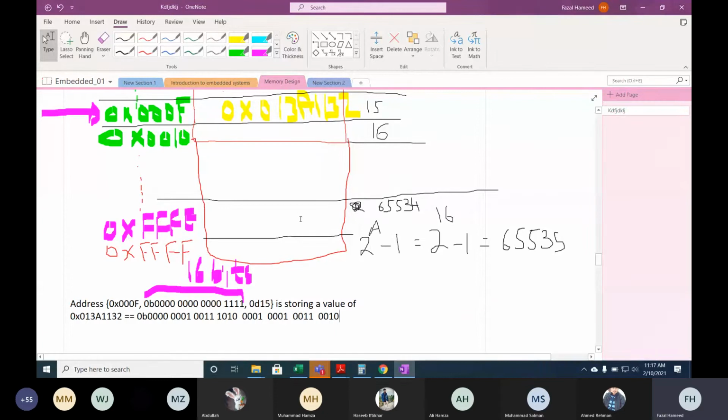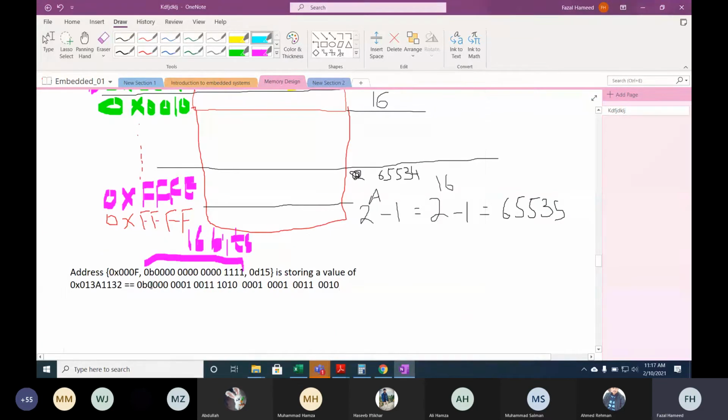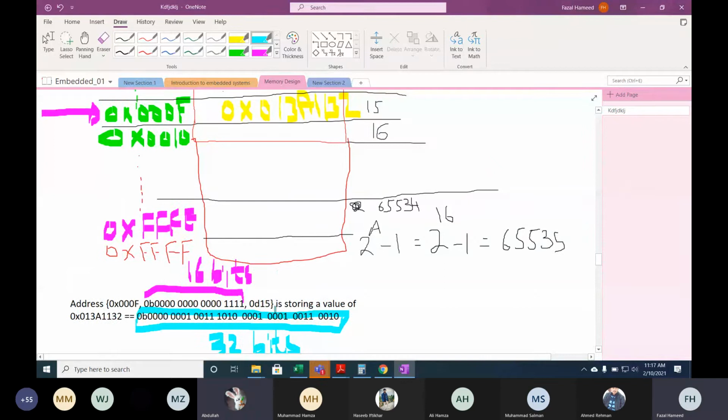Now if you look at the data lines, we want to read the data. What is the size of the data bits? And these 32 bits are stored where? It is stored at this location.